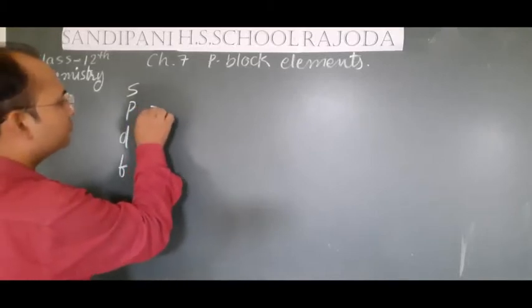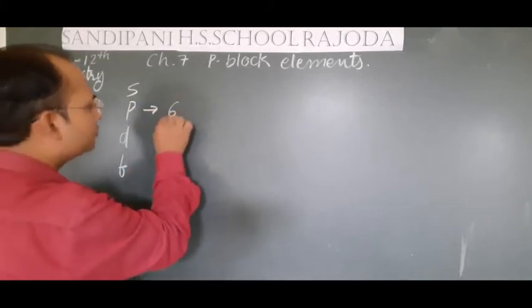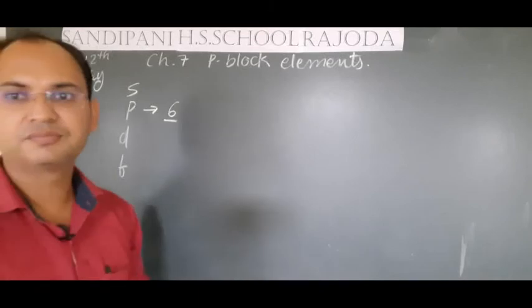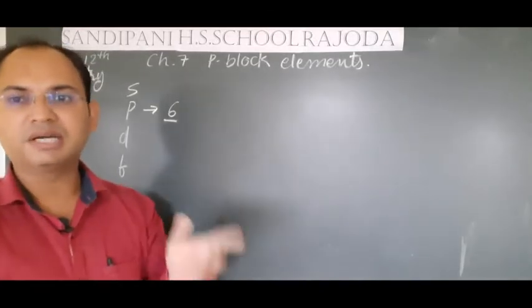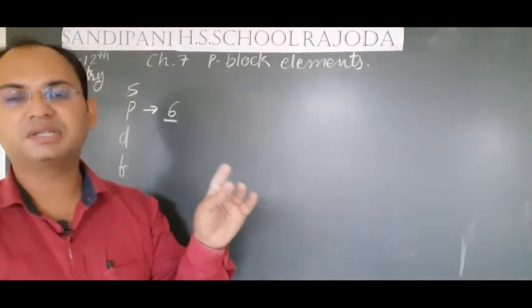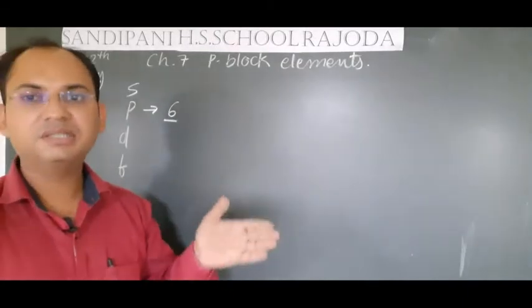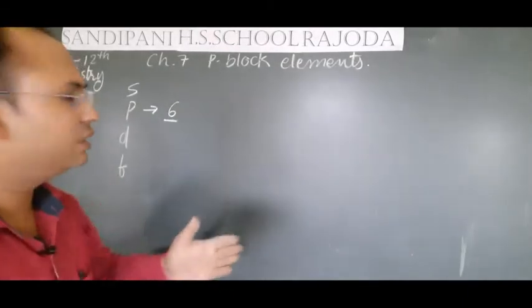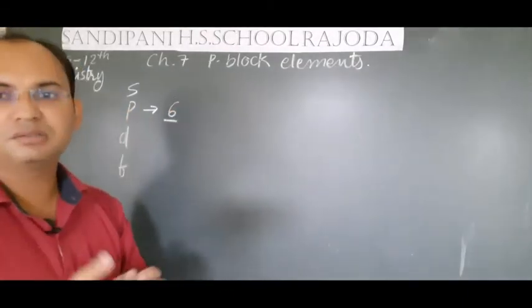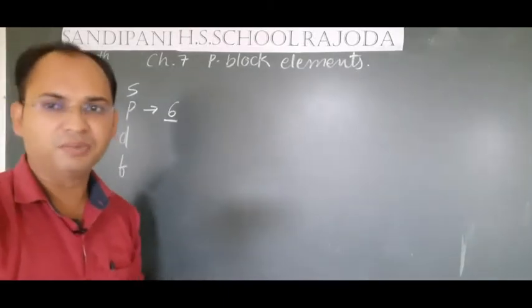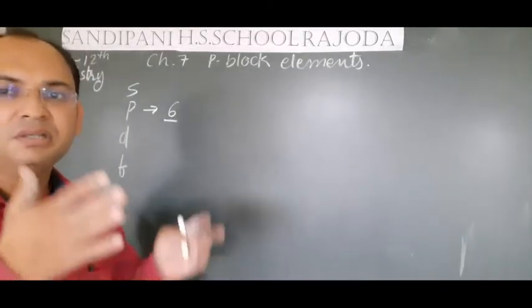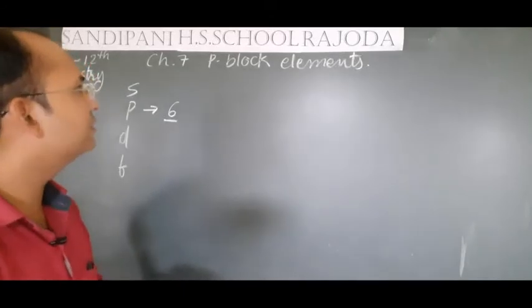In P block students, there are total 6 groups, from group 13 to 18. From 13 to 18th group, those groups are known as P block, and the elements present in P block are known as P block elements.